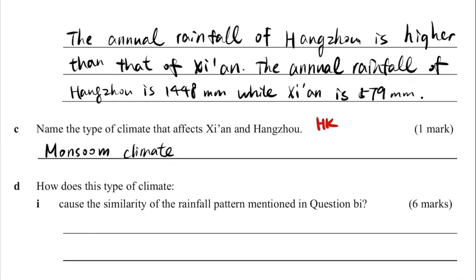As Hong Kong is located close to the equator in a subtropical region, Hong Kong is affected by the subtropical monsoon climate. Sorry for my wrong spelling here. Subtropical monsoon climate.